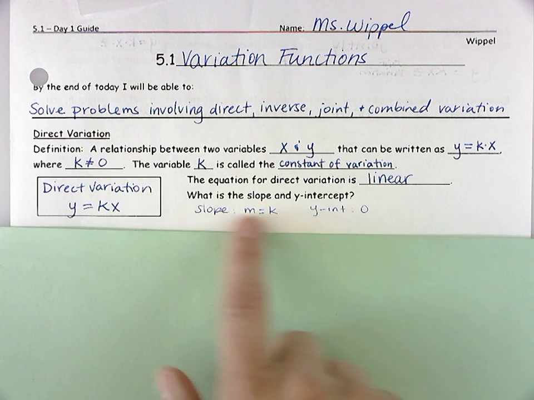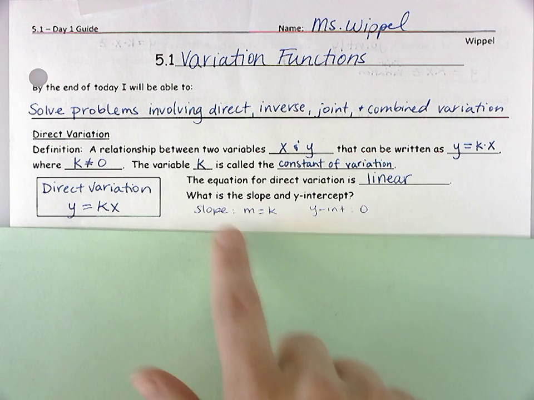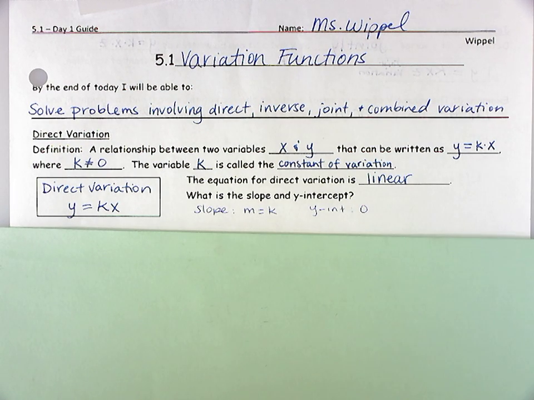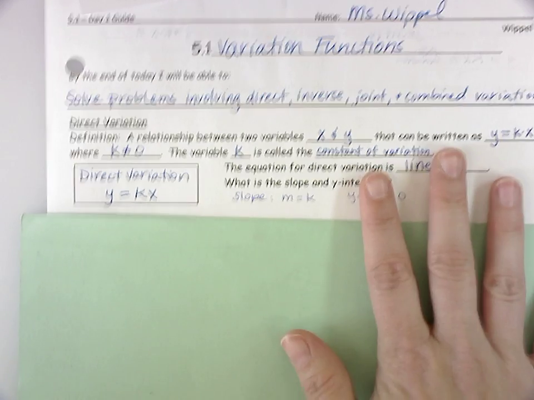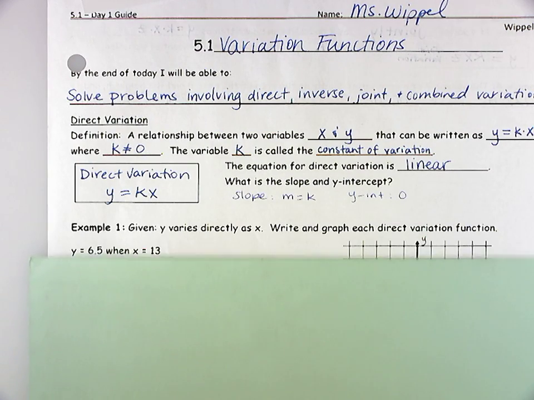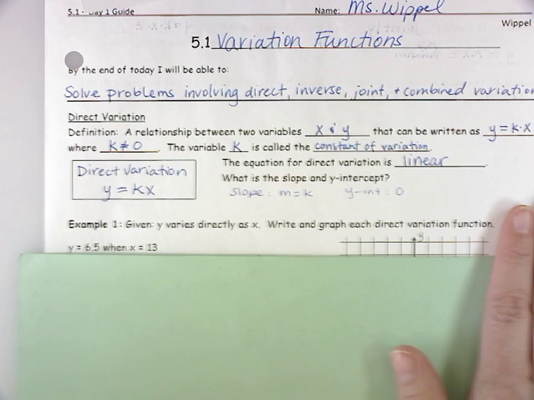Now, why do you think I'm talking about that this is a linear function and what the slope and the y-intercept are? What are we probably going to do with some of these functions? Yeah, we're going to graph them, and in order to graph them, we're going to have to start at the y-intercept and use the slope to find the next point. Look at this.